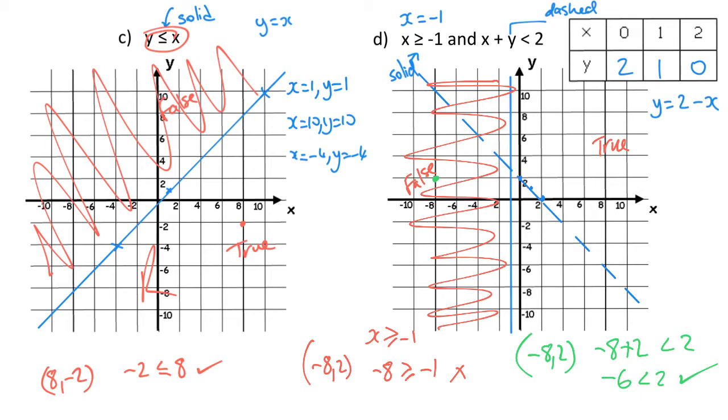So minus 8, 2 is on the true side, which means everything above it is on the false side. And we shade the false side. So we shade everything above that line. And what we're left with is this region in the bottom, which is true for both inequalities. So this part in here, we're going to label as R.